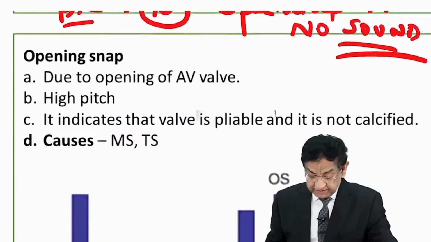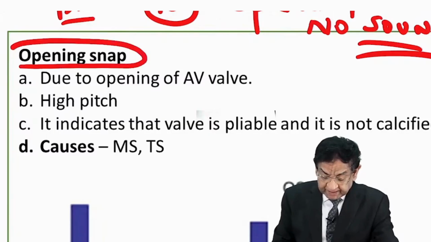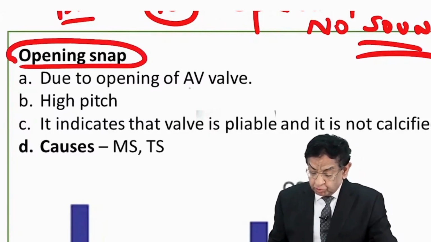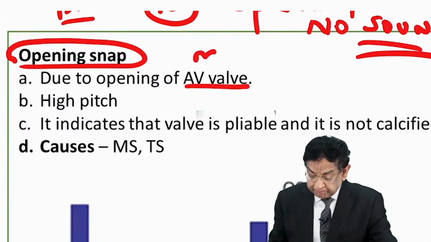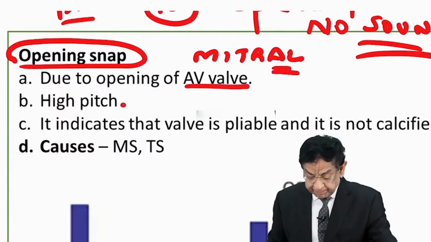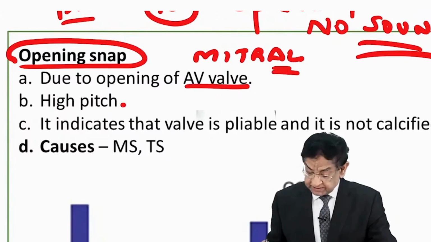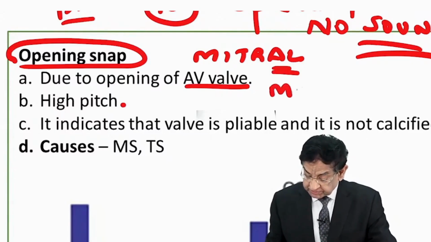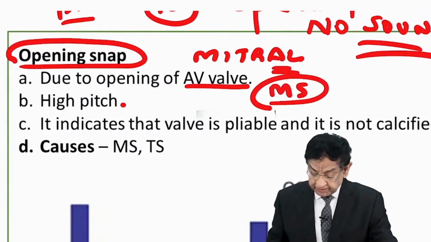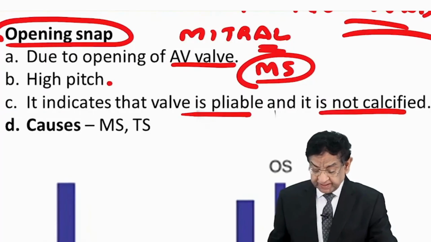So let us see. First is the opening snap. This is due to opening of the AV valves, particularly the mitral valve. It's a high pitched sound in mitral stenosis, and the valve is pliable and not calcified.